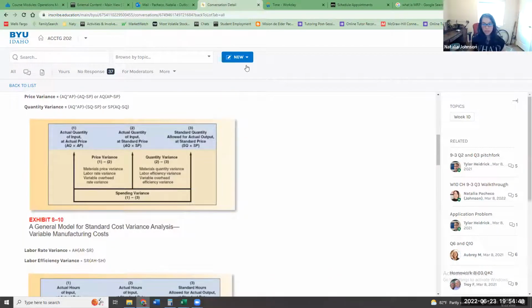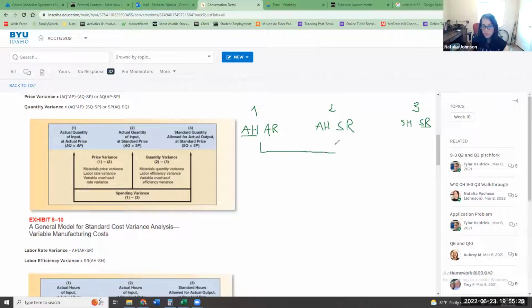And one way that you can memorize the pitchfork really easily is that you divide the 3 columns, and you know that the first one is all the actual, or it can be AQ, AP instead of AH, AR. The third one is the flexible budget, so it's SH, SR. And then the second one is the first one of the first one, so AH. And the last one of the last one is SR.